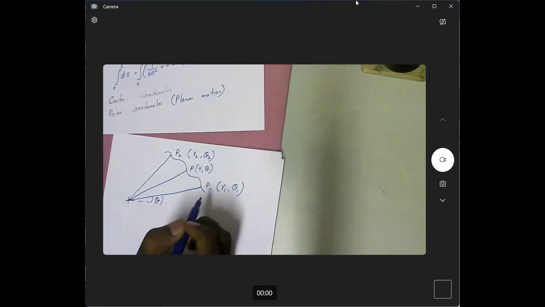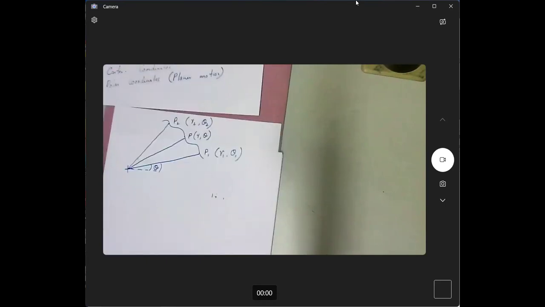Right. Now again, we come to the same problem. The displacement is a vector quantity, right? The position of the particle at a certain time, with this P, must be given as a vector. And this r is the distance between the origin and the point.